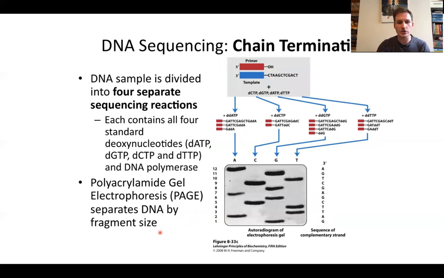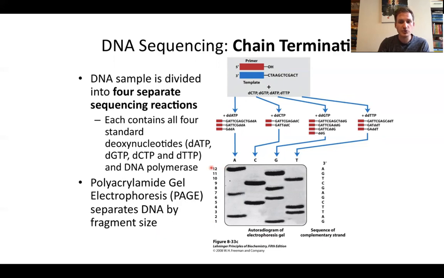So the way that looks, for example, if you put normal nucleotides and a small proportion of modified nucleotides, and ran those on a gel electrophoresis that was capable of differentiating lengths of DNA that differ just by one base pair, you would see something like this.